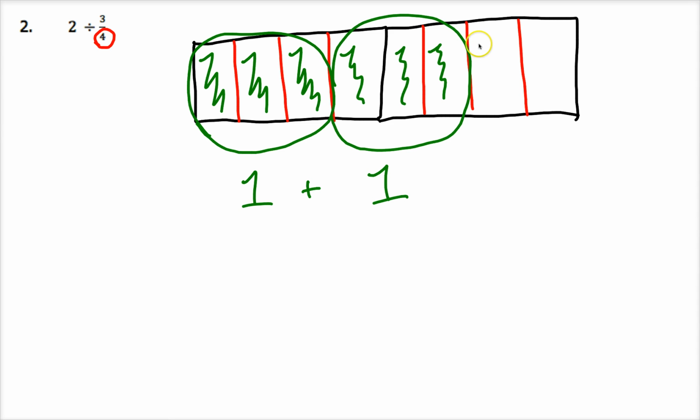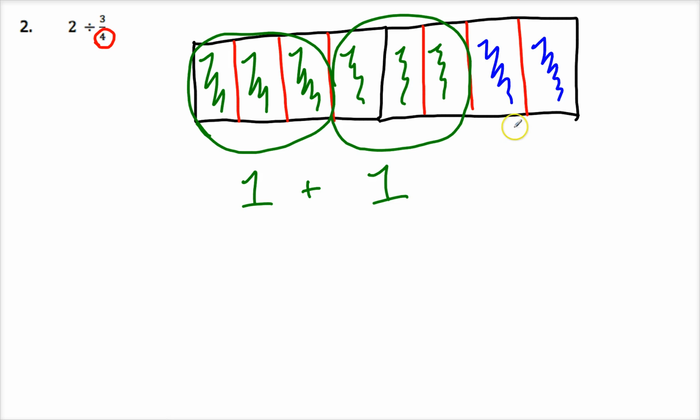So let's think about what fraction of a group these 2 pieces represent. Each of these pieces is 1/4. But again, each of my groups here has to have 3 total pieces. So when I think about what part of a group I have, I have 2 out of my 3 required pieces.